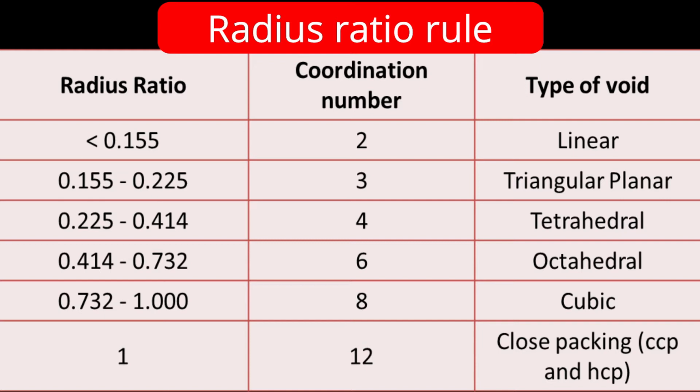Here what we will do, we will get the data for size of cation and anion, means radii of cation and anion, and we will find the ratio of them, where that ratio stands. Accordingly, we will get idea about the void. We will get idea about coordination number.